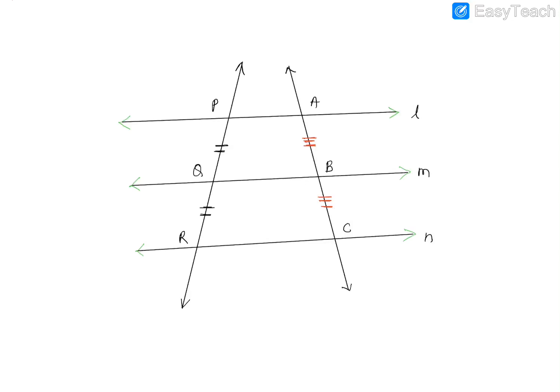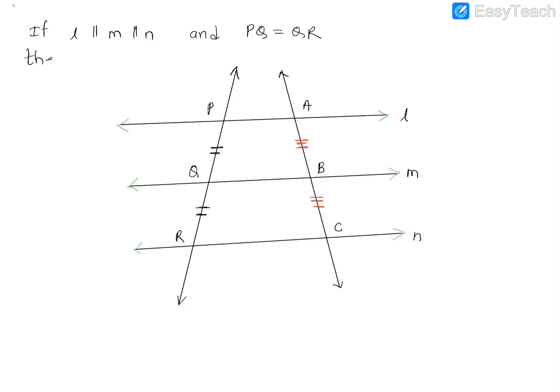If the three lines are parallel, that is L is parallel to M, parallel to N, and if one of the pair of the intercepts are equal, meaning if PQ is equal to QR, then what can we say? Then we can say that AB is equal to BC. Got it? So this is called the intercept theorem.